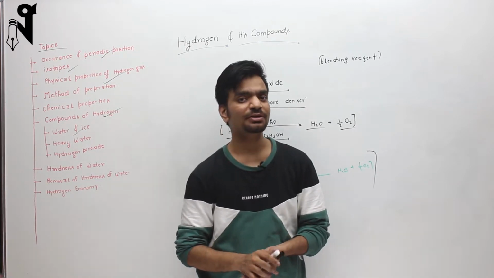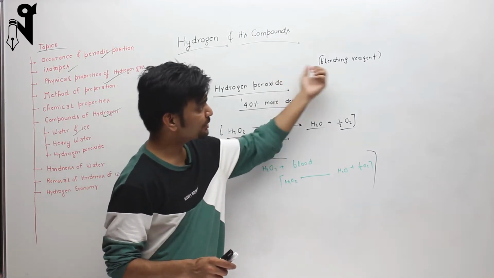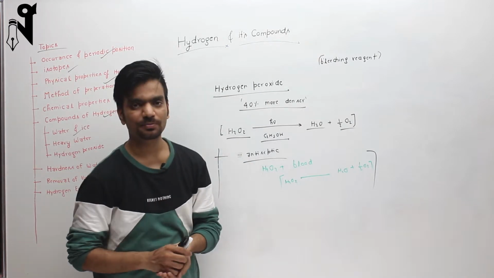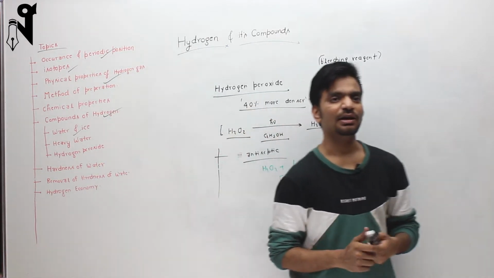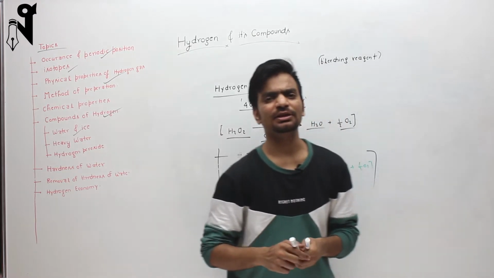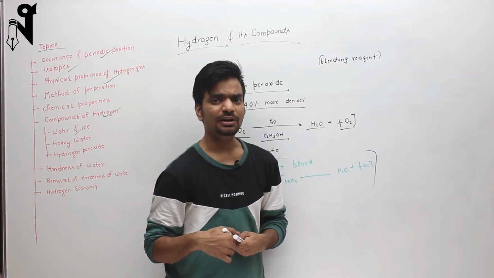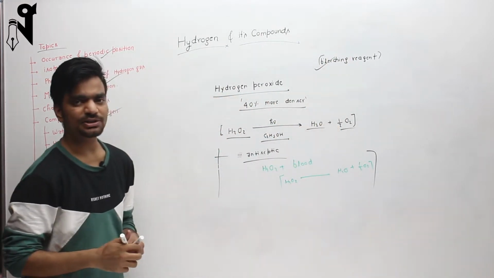So those pigments which give the color to our skin will be attacked by this H2O2, and they will be removed. This is how H2O2 works as a bleaching reagent. And many Hollywood actors are H2O2 blondes. So this is also one application of H2O2 as a bleaching reagent.